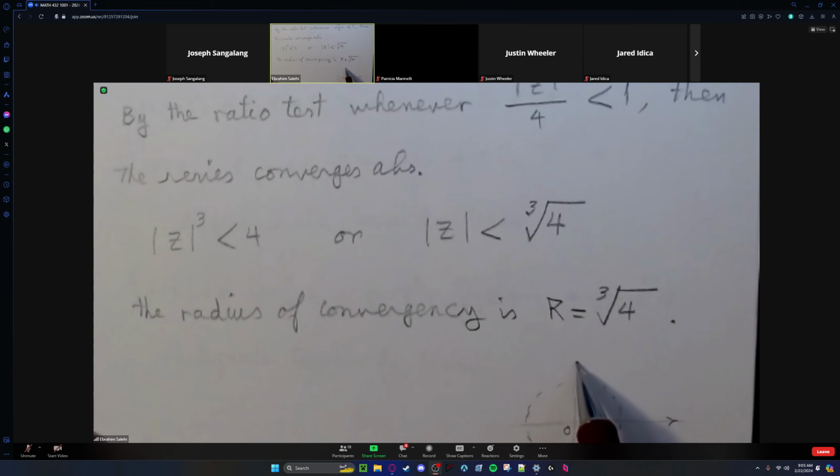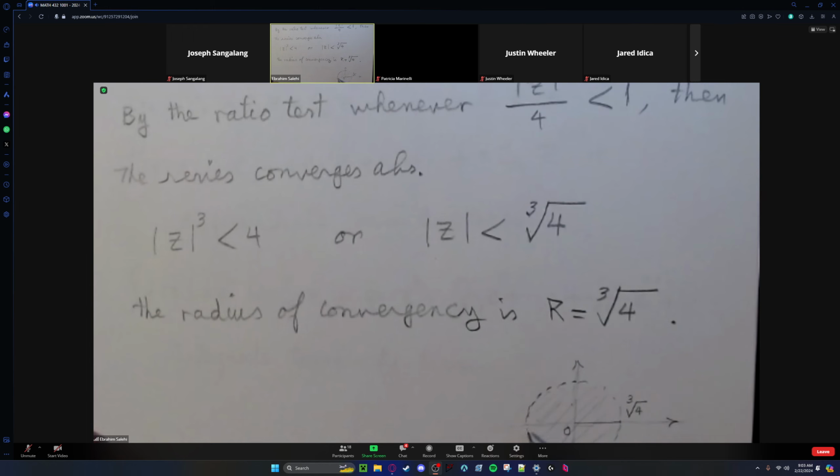X-axis, y-axis. And the radius, this much, is a third root of 4. So if you stay within this disk of convergence, the original series converges absolutely.